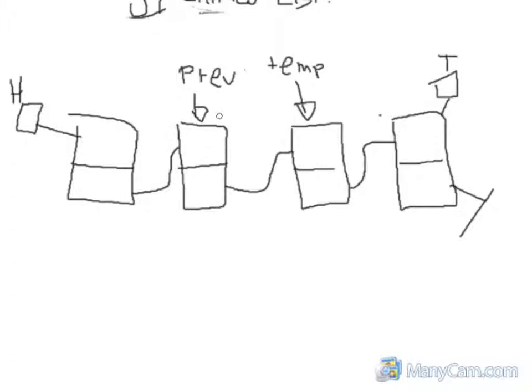What we want to do first is we want to get this link, unlink that, and then link it to this guy so that we know where the rest of the list is before we delete our temporary.